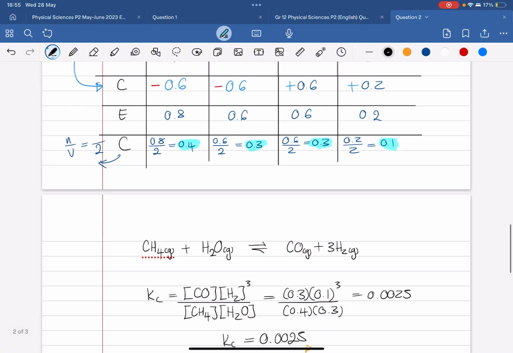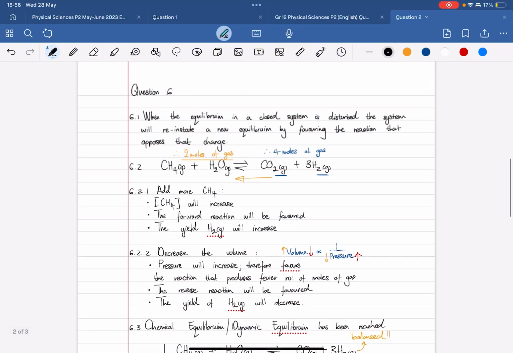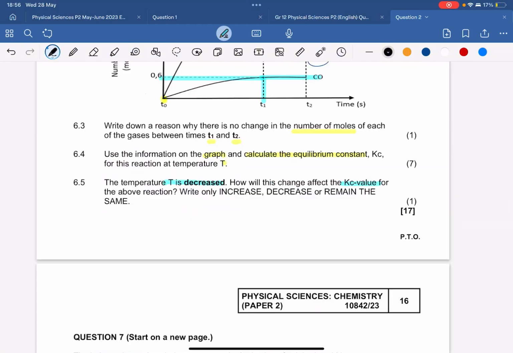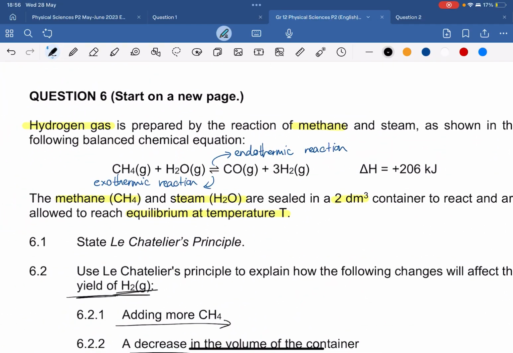We know that temperature is decreased, and a decrease in temperature according to Le Chatelier's principle always favors the exothermic reaction. Beautiful. So now if I go back to my initial statement here, the exothermic reaction, we know, as we said earlier, it is the reverse reaction.